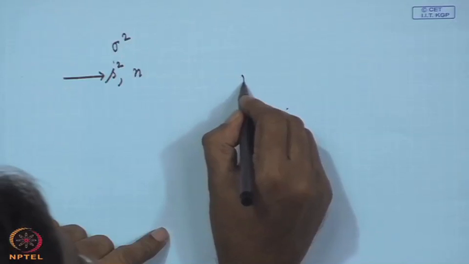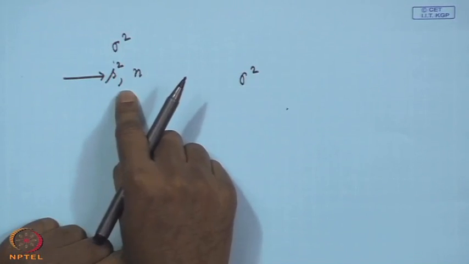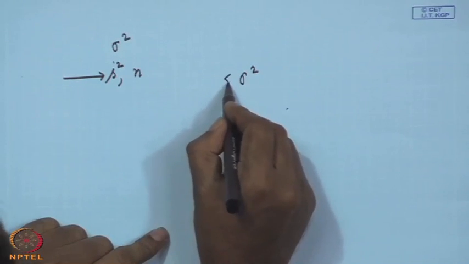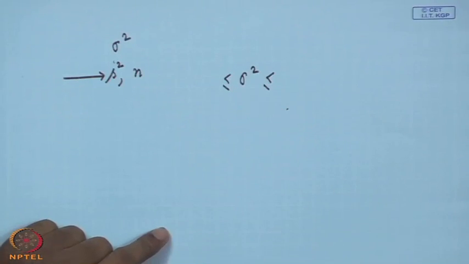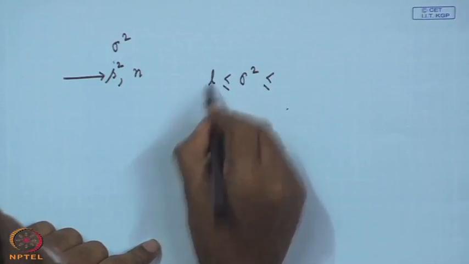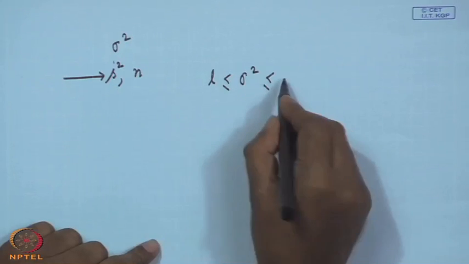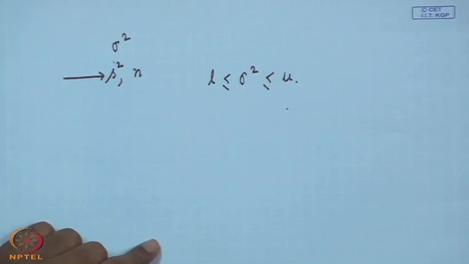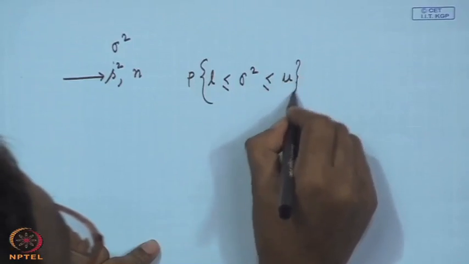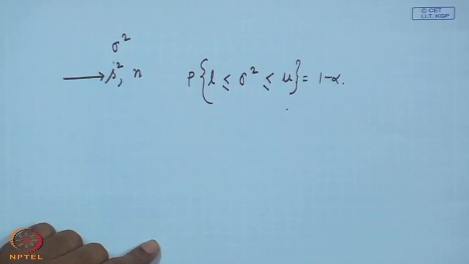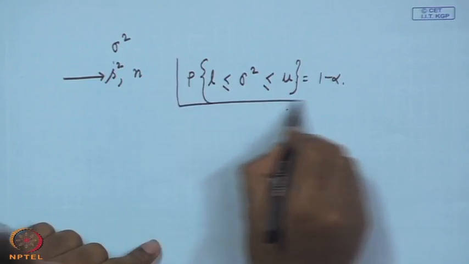Based on this sample data, you want a confidence interval for the population variance. You got this S square value, but what is the lower value and what is the upper value? You find them in a similar manner. If I know the distribution, this is 1 minus alpha. In true sense you want to do like this, that is what you want basically.